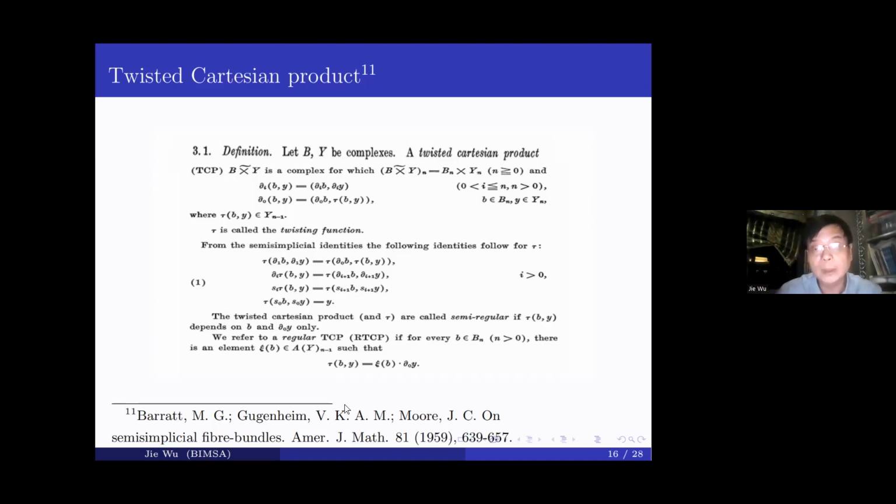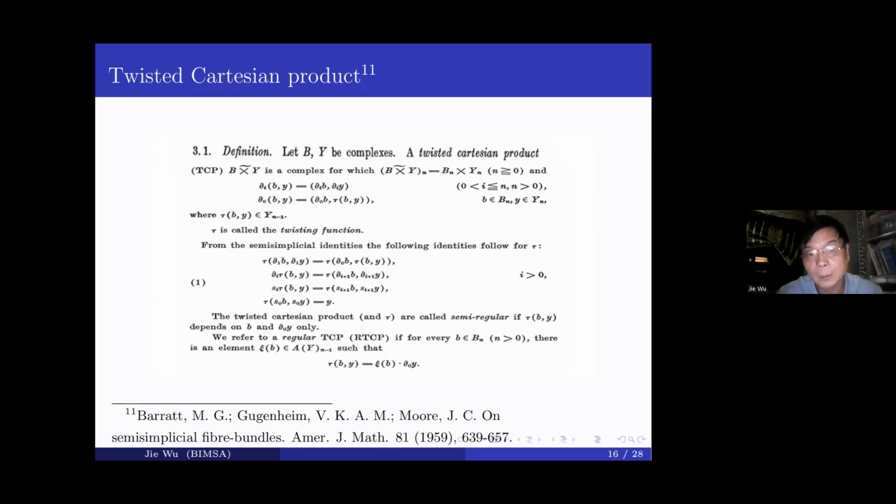And so this is exactly the work, as indicated, well established in this famous paper, given by Barratt, Guggenheim and John Moore. This is the paper you can see, published in 1959, with the title "On semi-simplicial fiber bundles."